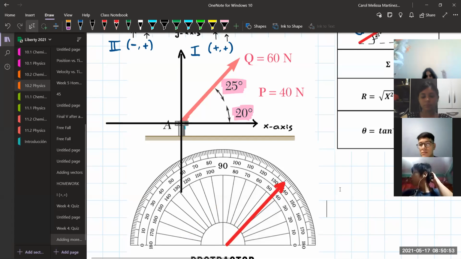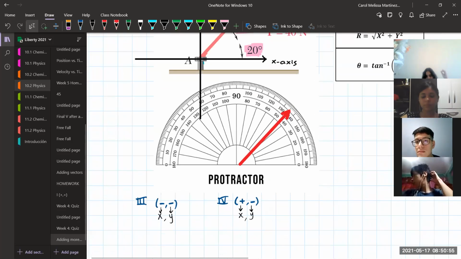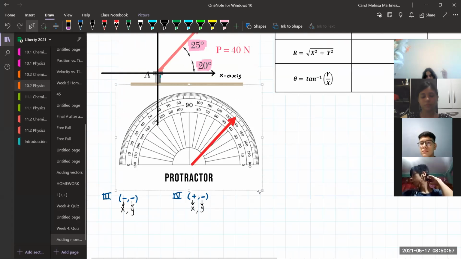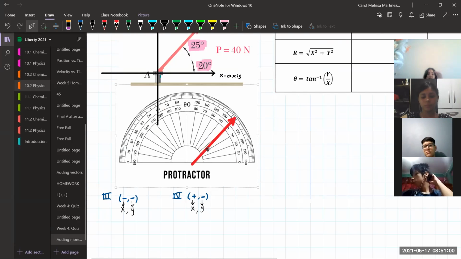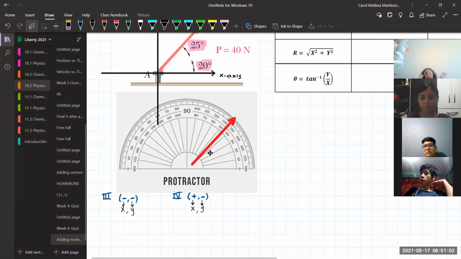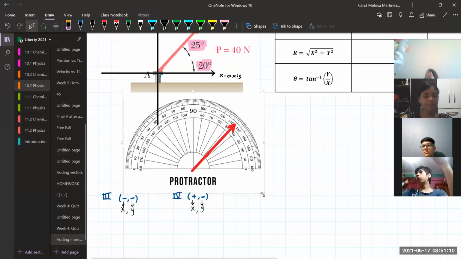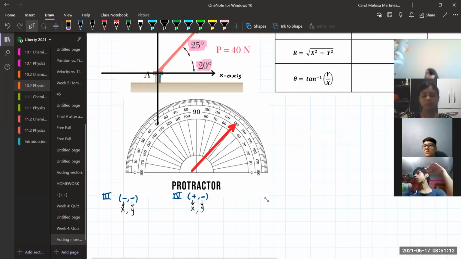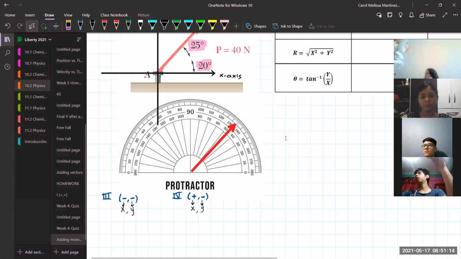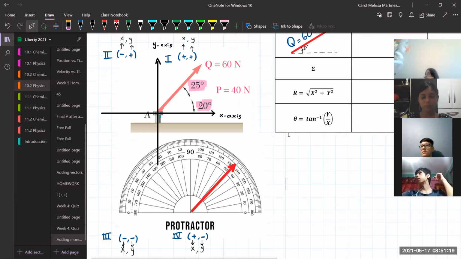It's not in the center. I cannot place it. Sorry. There's no way I can place it. Let me see if I can make it. So unlucky. Okay, now I did it. Sorry. Problemas técnicos. Thank you for understanding.